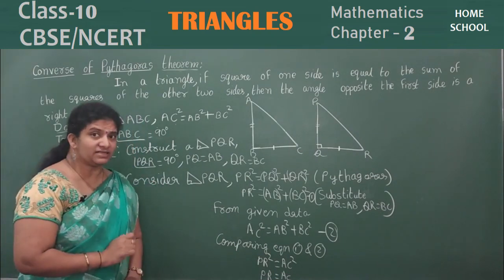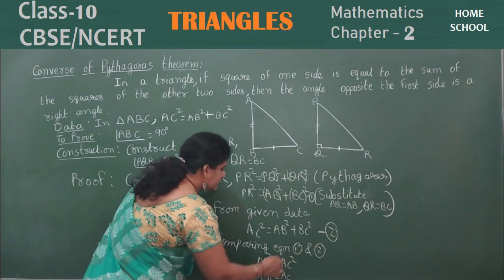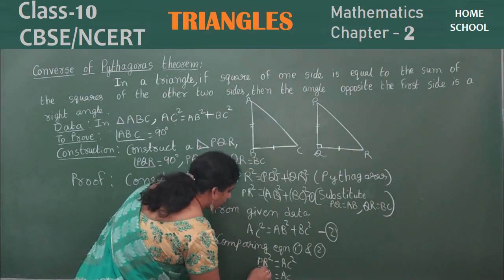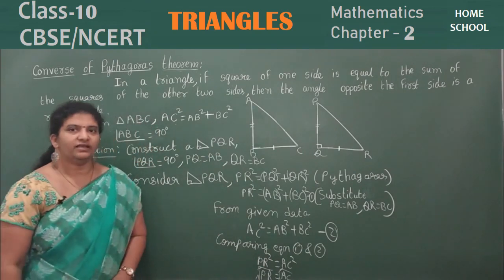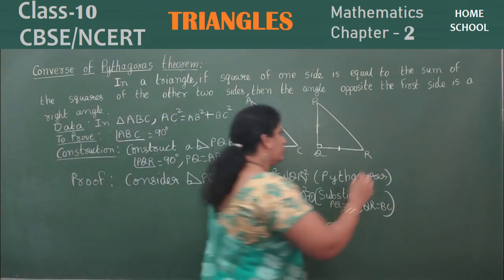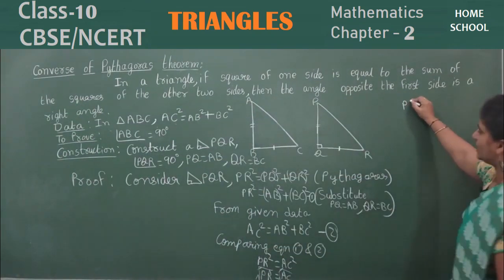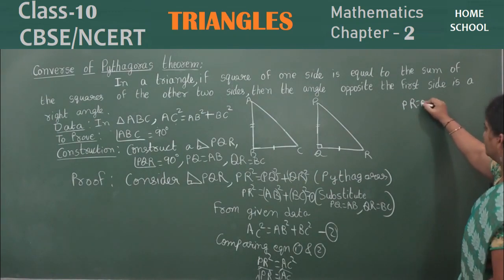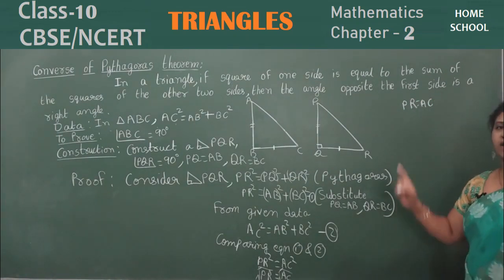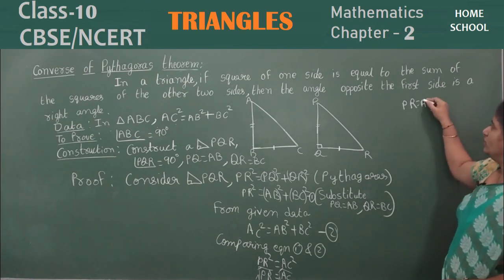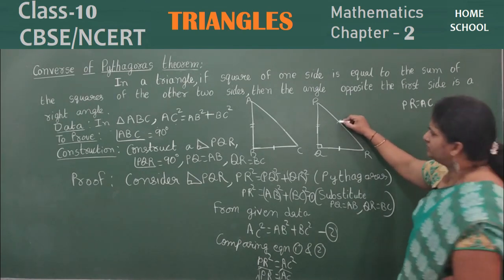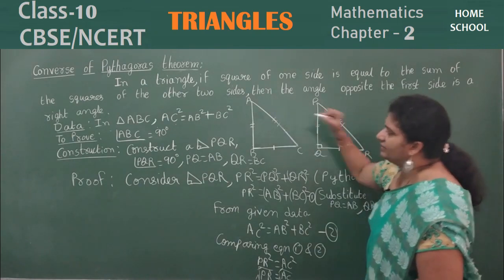How is it cancelled? That you also need to know. AC square, this square sends the root to the other side, and this side sends the root to the other side. Root will be cancelled. That makes PR equal to AC. So, what is this PR? This side, right?